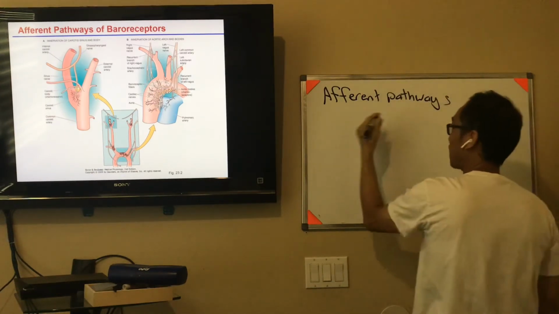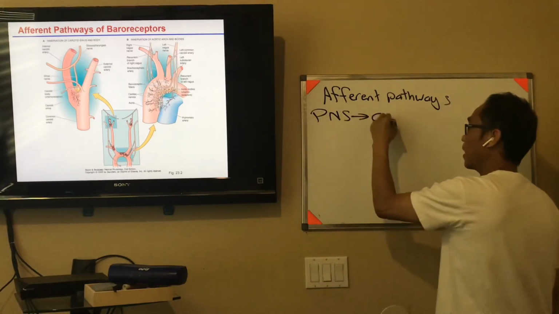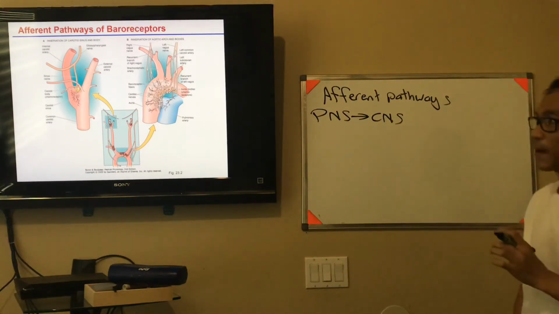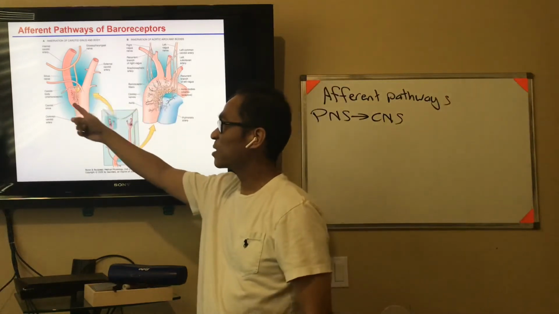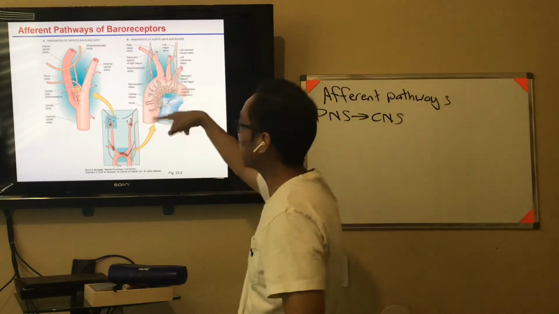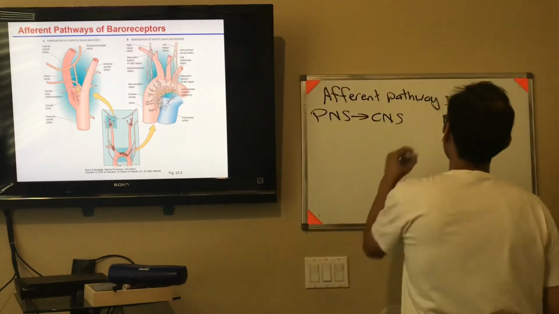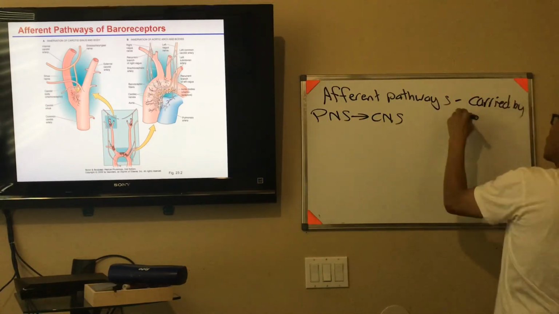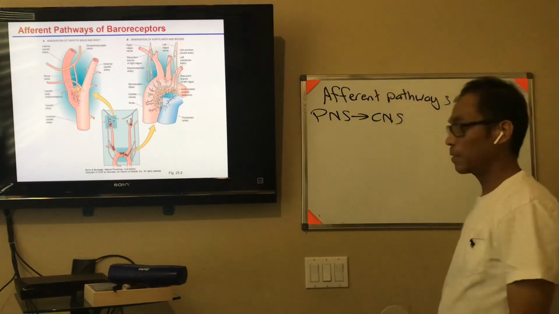Let's remember, afferent pathway means the PNS to the CNS, peripheral to central nervous system. And those nerves that carry those pathways from the baroreceptors, aortic arch, sinus, or basically glossopharyngeal nerve, and if you read some notes, the vagus nerve will too. Where's vagus nerve? So cranial nerve 9, 10. Okay.